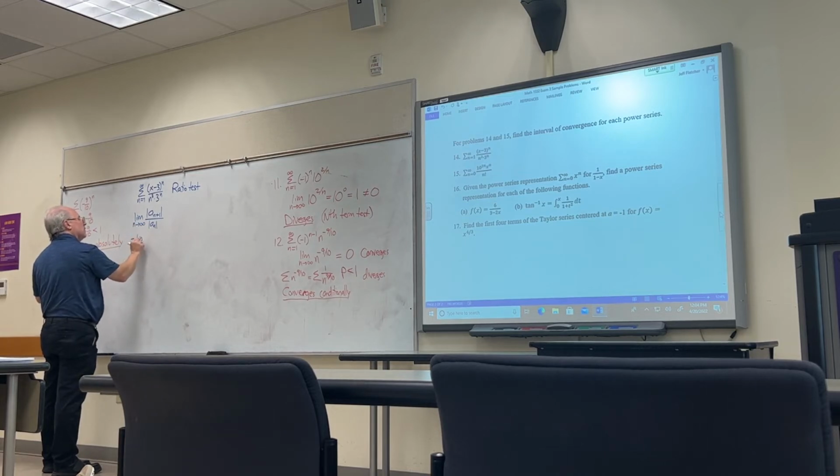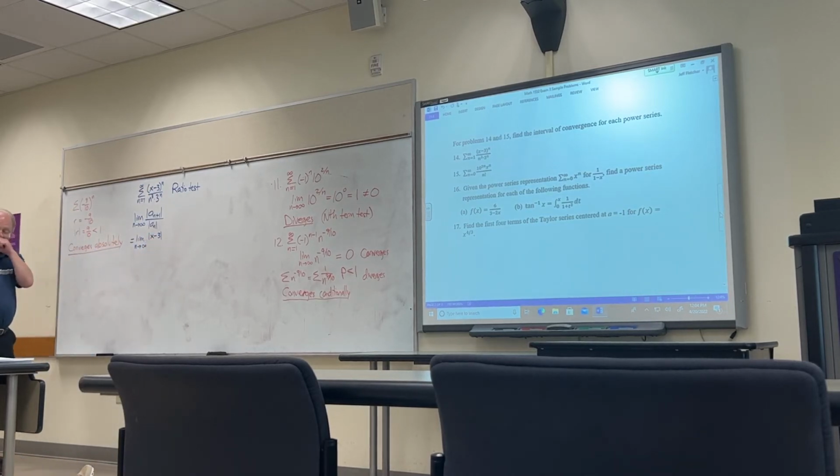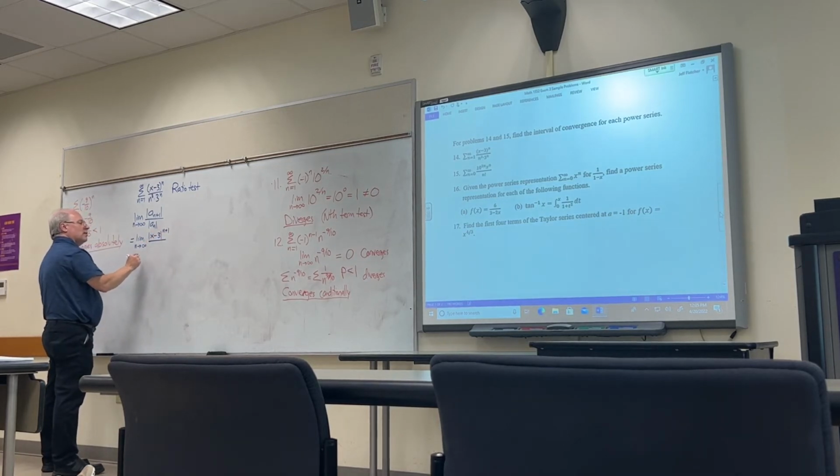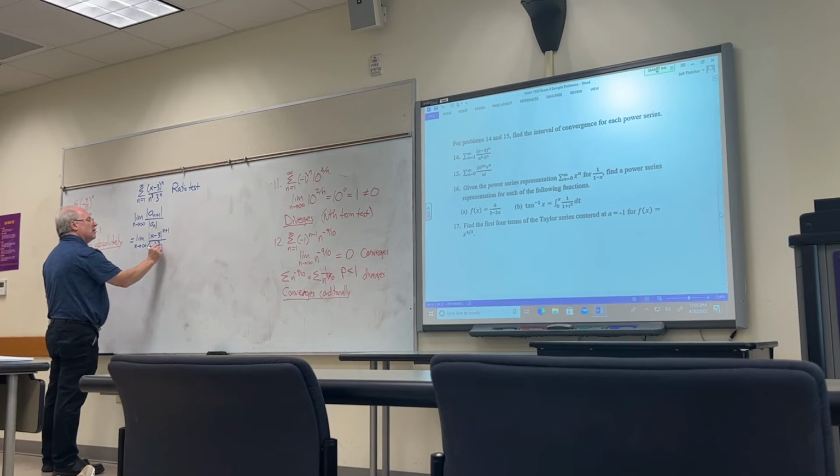Of course, since it's absolute value, the x minus 3 is going to be inside absolute value. So what's the n plus first term? It's going to be x minus 3 to the n plus 1 over n plus 1 cubed, times 3 to the n plus 1.